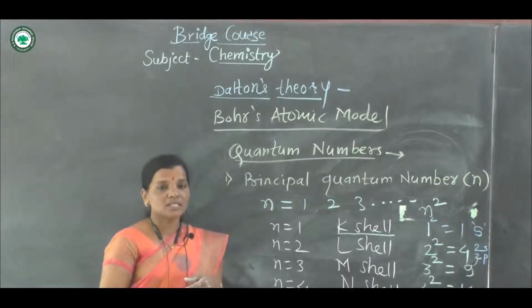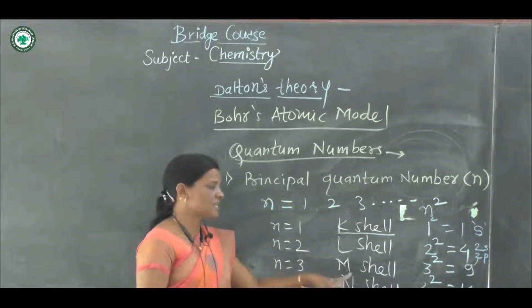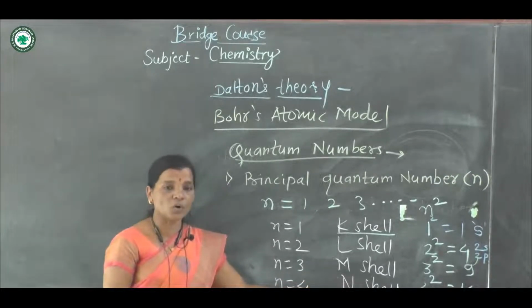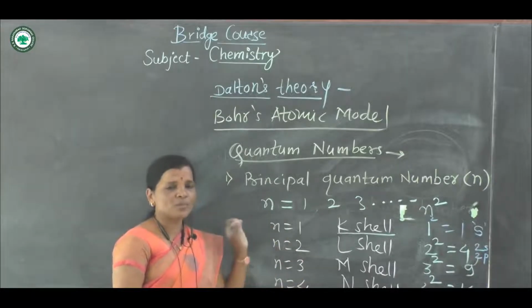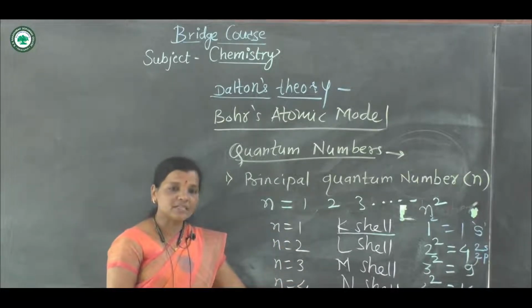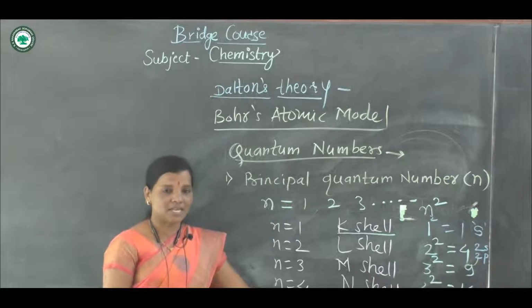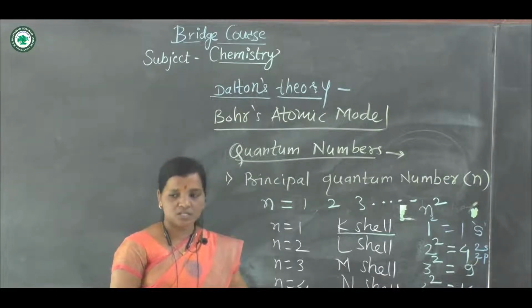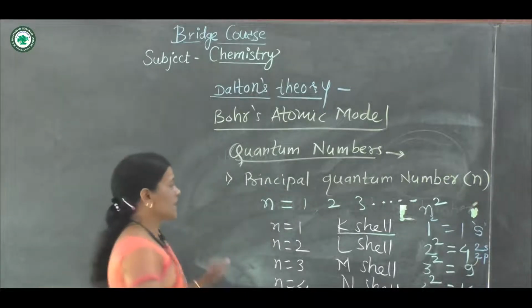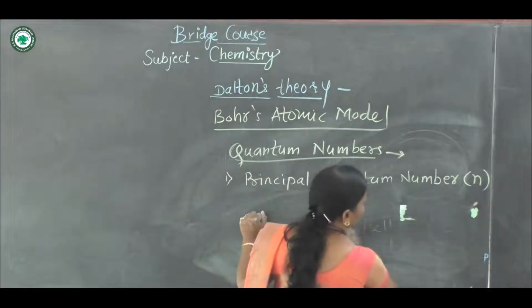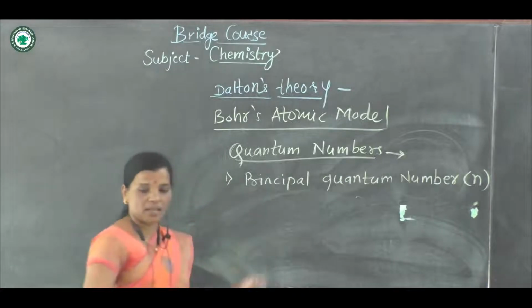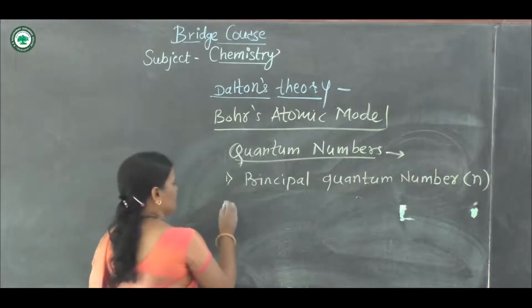So a total of 16 suborbitals are present in the fourth main shell, the N shell. So according to the principal quantum number, we get an idea of the shell in which the electron is present. Next we will consider the second quantum number, that is the azimuthal quantum number.